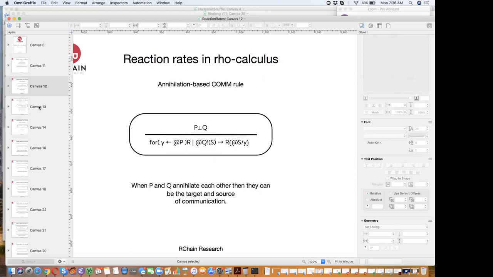So rather than reduce just on the basis of channels, you take the fact that the names are processes, and you recursively reduce those things. And if you get down to zero, well, then it's okay to go ahead and use these guys for communication. And of course, that will require taking the names that these guys might communicate over and see if they annihilate each other, and so on and so on. So you're just recursively descending.